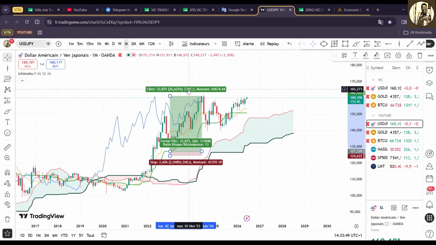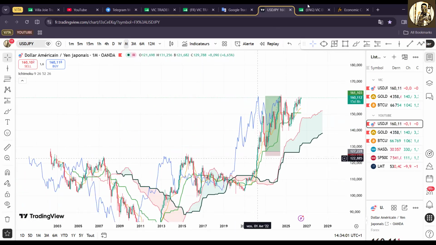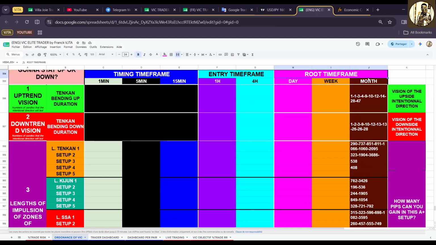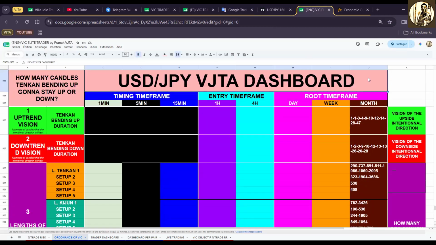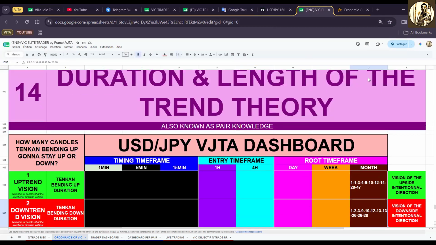But my take profit is at 3,300. It means that I'm inside the ratio, inside the data that I've computed from this pair. So that's a little bit how you have the vision and how you know your pair and the number of pips that you can earn.